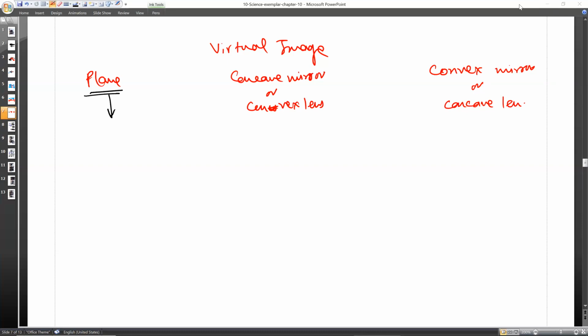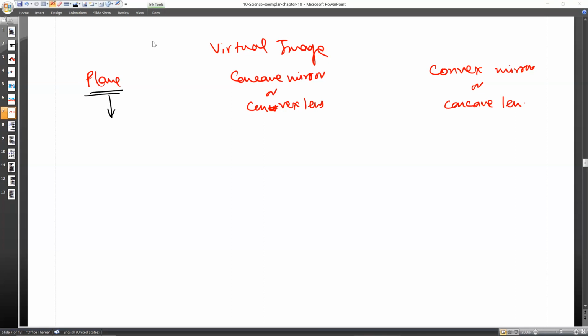The plane mirror is going to form a virtual image. They all are going to form the virtual image. What is the difference between the virtual image of a plane mirror, concave mirror, and convex mirror?